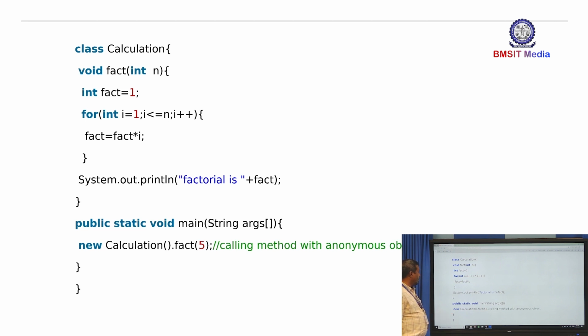In the main function, nowhere are we assigning the reference. We simply write new Calculation dot fact of 5, using the new keyword, where Calculation is the class name.